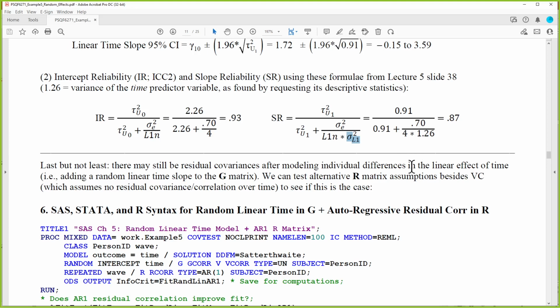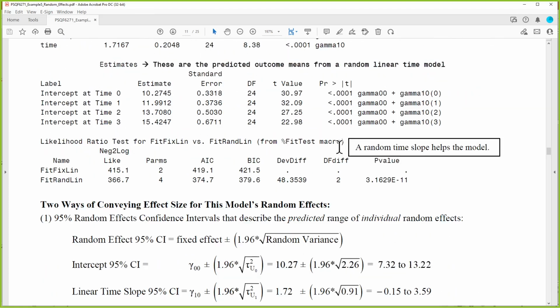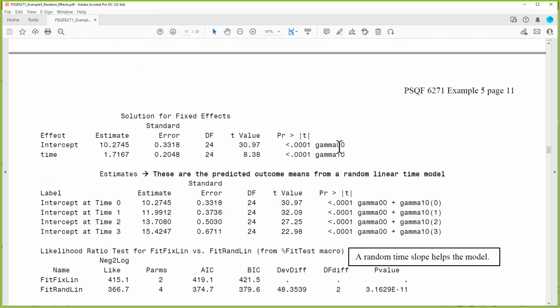So we had a question at the end of class, which was basically, how do I know if this is good enough? We have this random linear time model. We want to somehow compare it against the data, ideally, but we are unable to do that directly if we're using residual maximum likelihood as our estimator. Those models are used to compare alternative models for the variance if you're in REML, whereas alternative models for the means will have to be compared in a different way.